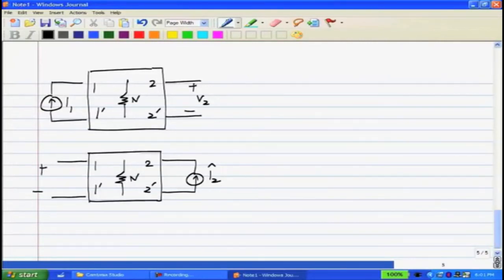I inject I2 hat from this side and V1 hat I obtain on the other side. And again, by reciprocity, it turns out that V2 by I1 exactly equals V1 hat by I2 hat. That is, the ratio of response to excitation when port 1 is excited is exactly the same as the ratio of response to excitation when port 2 is excited.